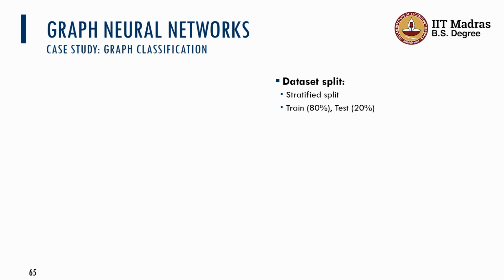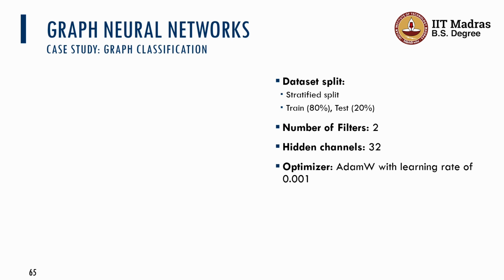Again, we are going to use a stratified split, training 80%, test 20%. Again, number of filters 2, hidden channels 32. One of the reasons we want to keep all of them the same is to demonstrate the applications. Again, AdamW with a learning rate of 0.01 is used, epochs 20.